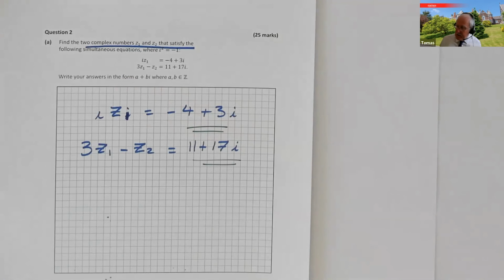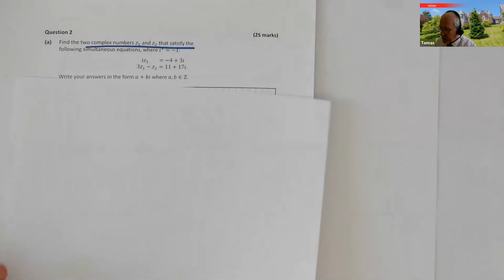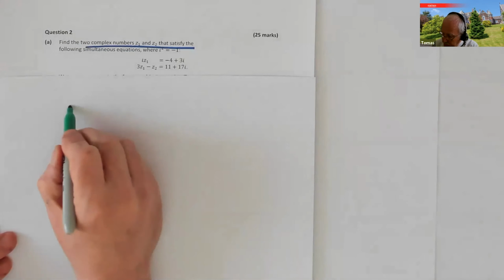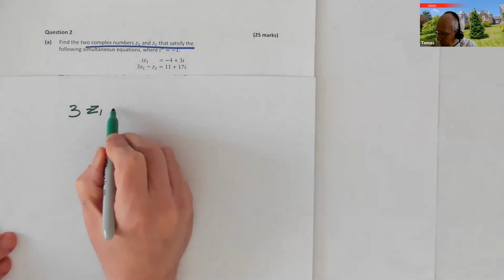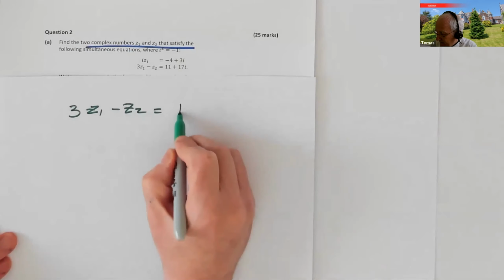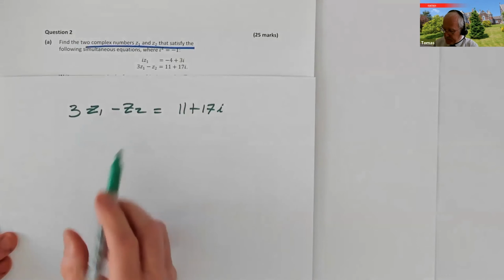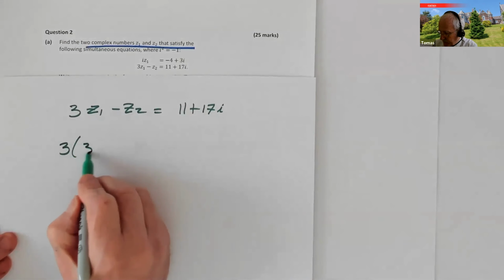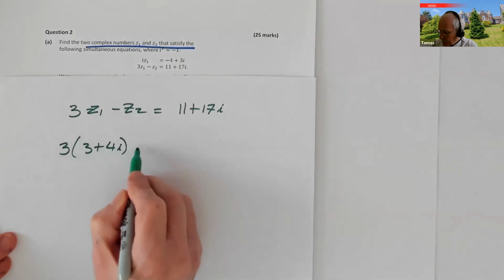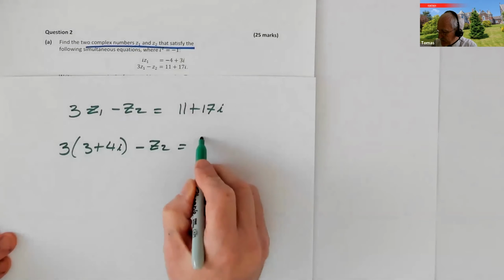The second one is an equation that says, given that I know what Z1 is, 3 times Z1 minus Z2 is equal to 11 plus 17i. But I already know what this is. So 3, I think it's 3 plus 4i. Minus Z2 is this.